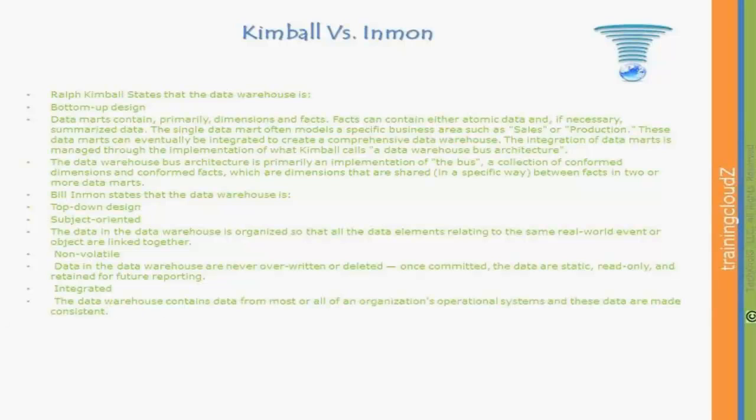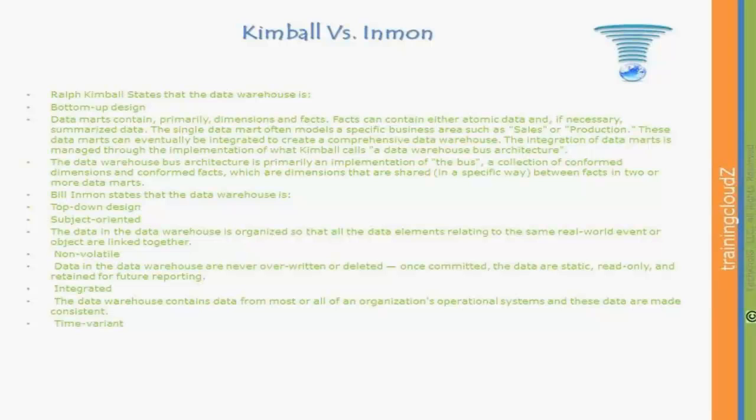So the data warehouse contains data from most or all of an organization's operational systems, and the data is made consistent. So you have all the source legacy systems, it will get the data from all of them, and the data is made consistent and made available in the data warehouse.